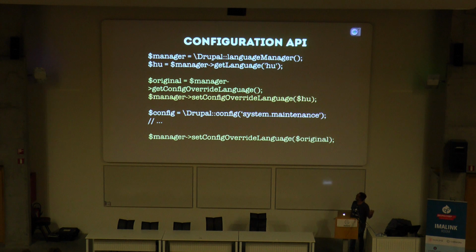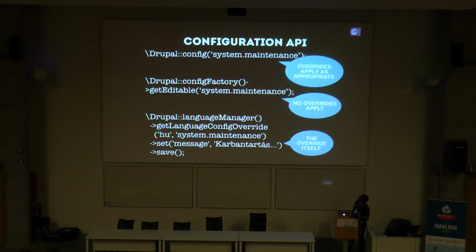You should then set the config override language back to your original language. So if you are visiting a page in Italian, but you want to use the German configuration, because maybe you are using that for sending emails to a user that set up German to be the default language they want to use for emails, then you can still do that by using this.